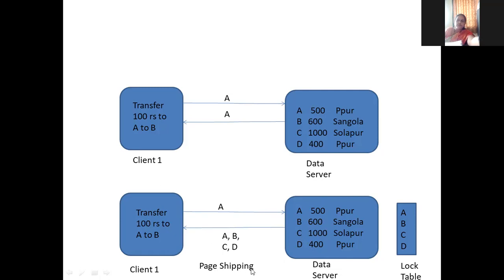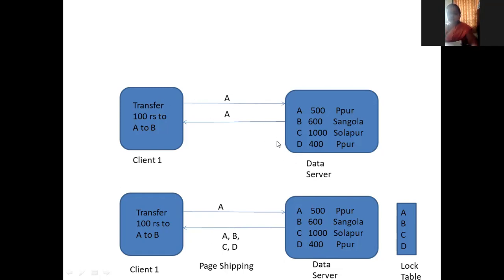That is the page shipping. Entire page is shifted to the client side, whereas in atom shipping only one tuple is sent to the client side.